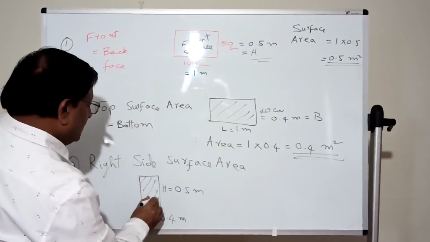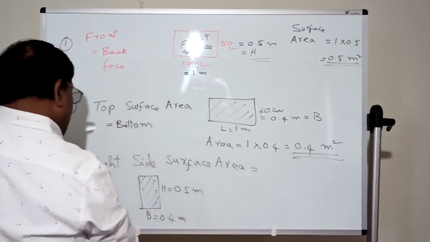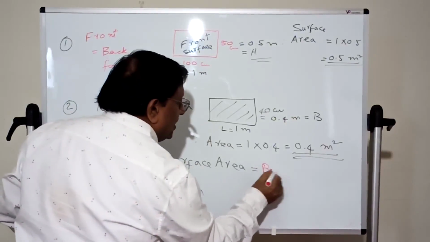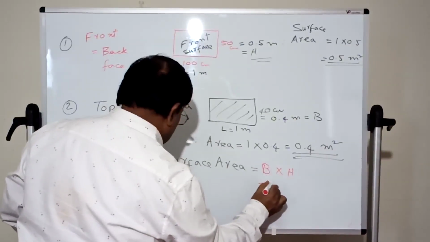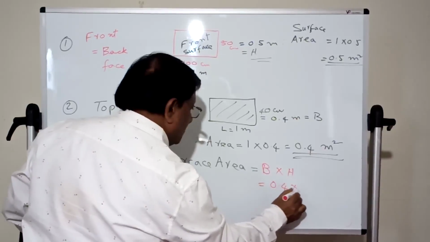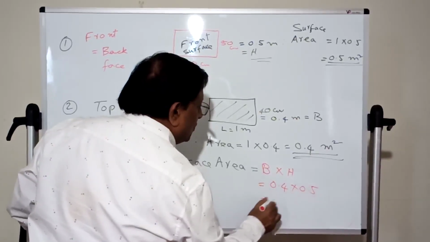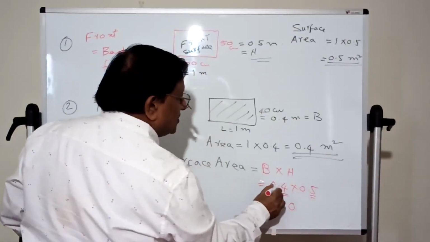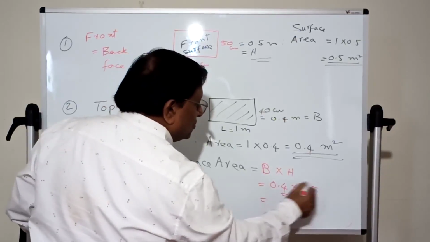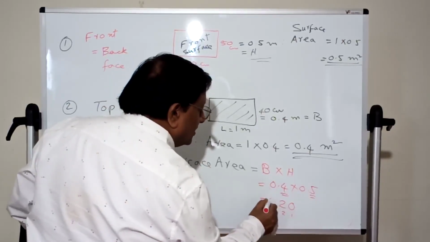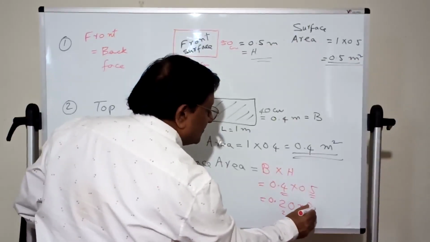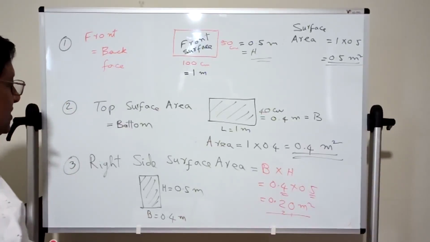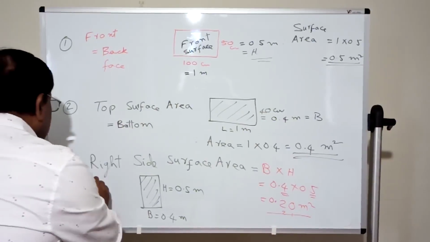And this area you need to find out. So the area of this one is breadth times height, which is 0.4 times 0.5. So 4 times 5 is 20. And there are 2 decimals, 1 decimal place after the decimal each. So 2. That means you go back here, and this is 0.2 square meters. It is equal to the left side.